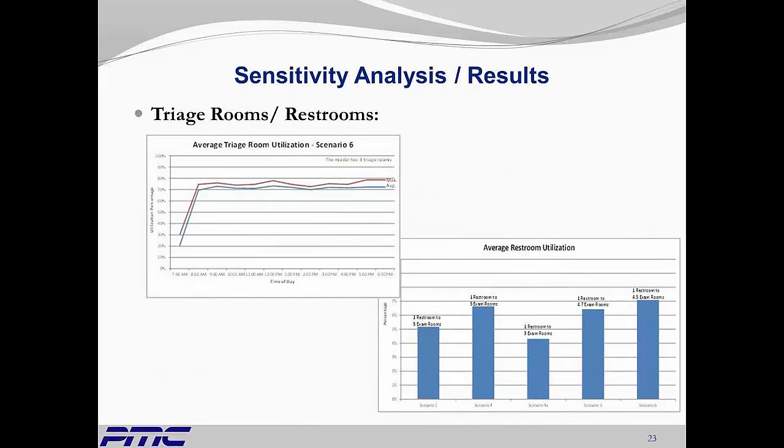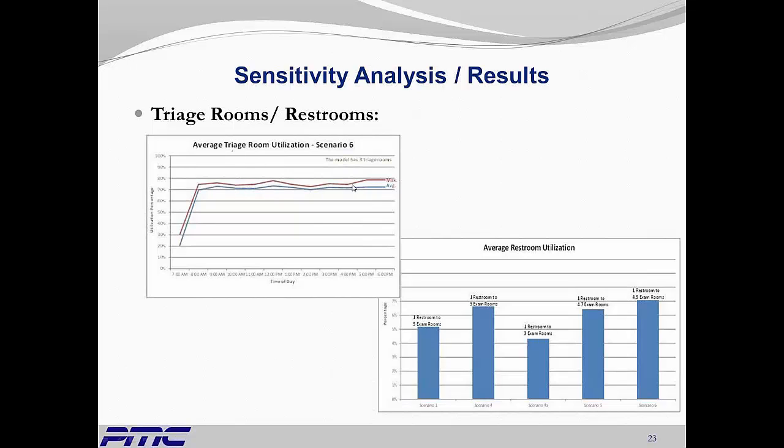And then once we decided, as we looked at different things with sensitivity, we looked at also the triage rooms that were assigned for each of these scenarios. So basically trying to understand, well, we have 3 triage rooms per module in this scenario, but did we overestimate or underestimate?